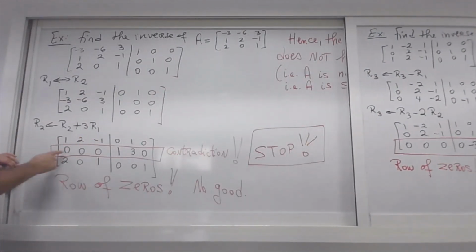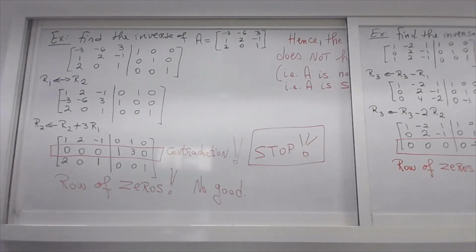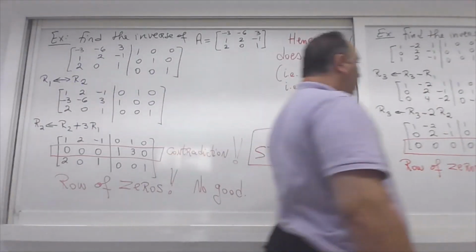And you can have a row of zeros in the middle of the matrix, doesn't matter. Wherever you have it, you stop. It can happen on row 2, row 3, row 75, doesn't matter. If you have a row of zeros, you're lucky, you don't need to continue working. So you just call it a day and you say, here is a problem, we have a row of zeros, our matrix is not invertible, there's nothing we can do about it.